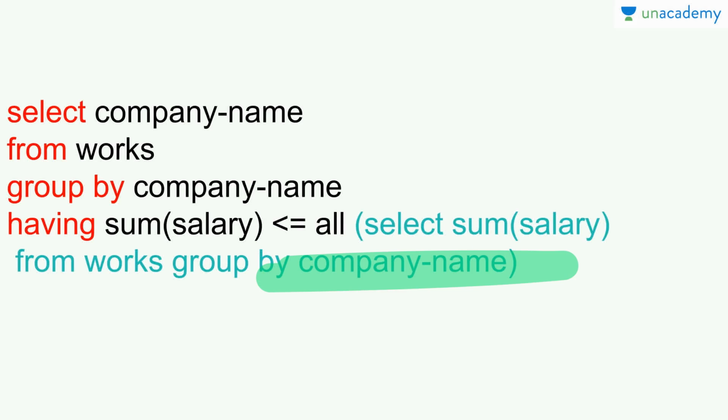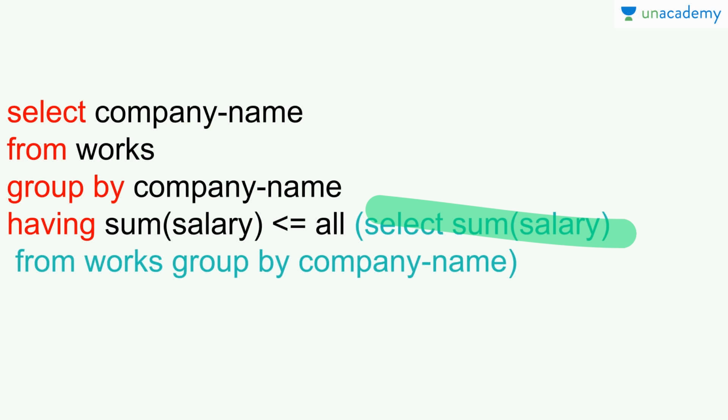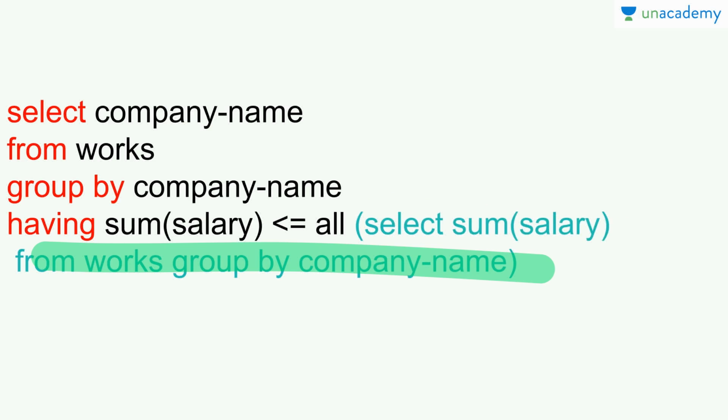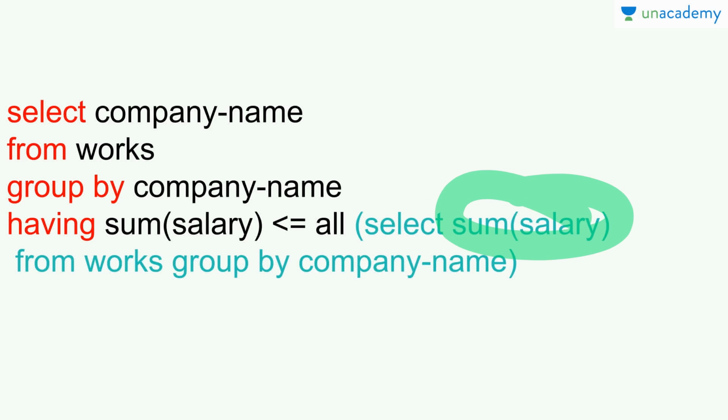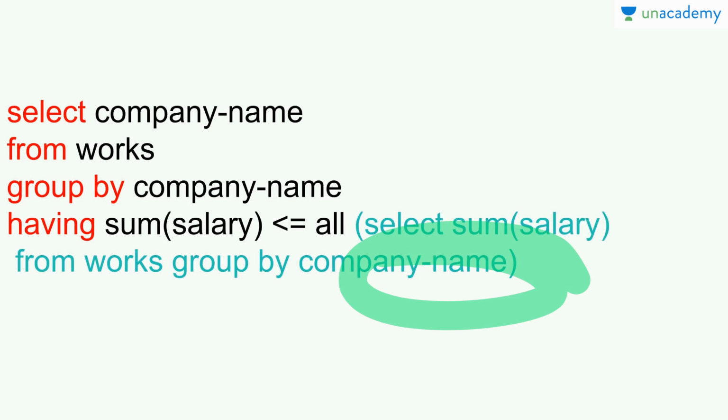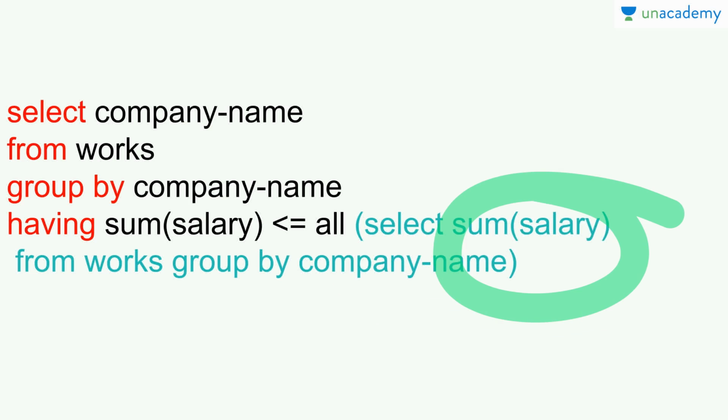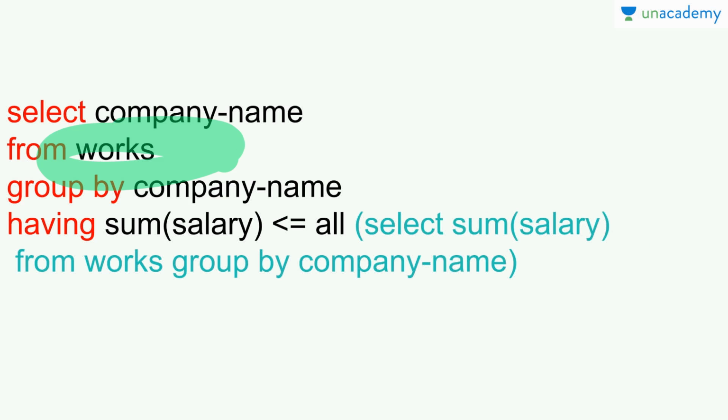So moving towards the query, first we'll find the sum of salary by grouping by company name. So select sum salary from works group by company name. So this will give the sum of all the salaries, that is the payroll of a company. Now we have to check whether this payroll is minimum or not. So we will be first grouping our table works by company name. So what it will give, all the employees working in the same company.